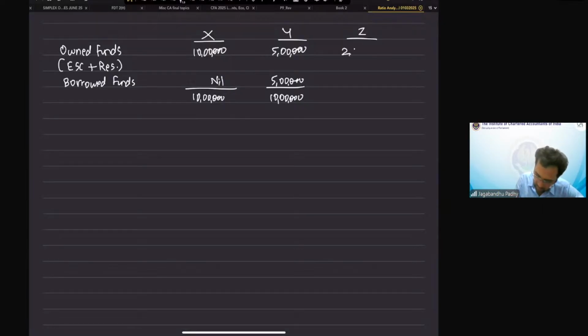Company Z has, let's say, owned funds of 2 lakh and borrowed funds of 8 lakh. The total is 10 lakh. And of course, the total assets still continue to be 10 lakh.